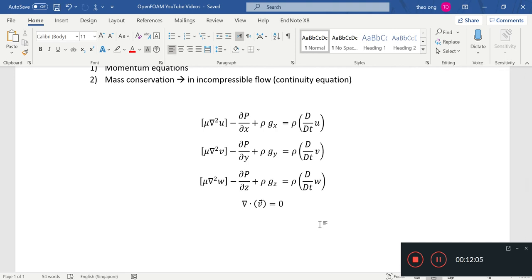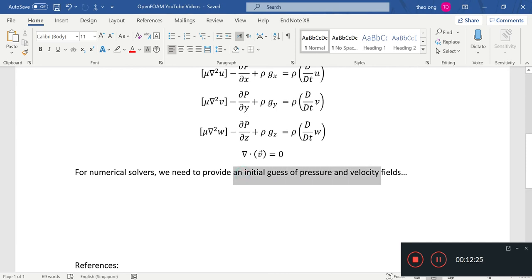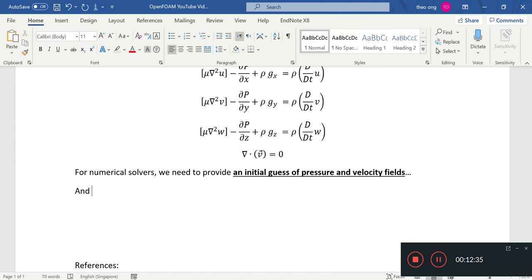Usually for numerical solvers, we need to provide an initial guess of the pressure and velocity field. Hopefully that's not too foreign to you. You should know a little bit of numerical methods.